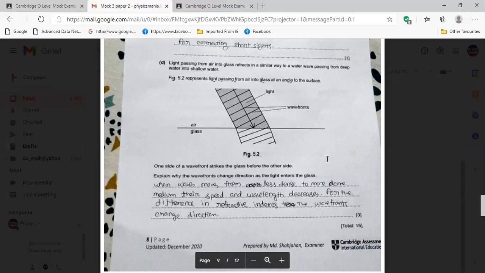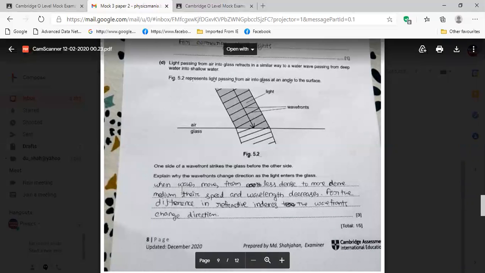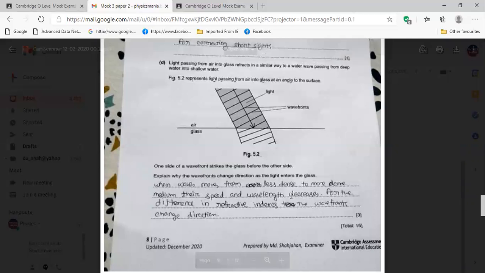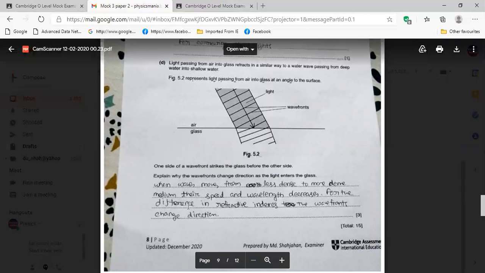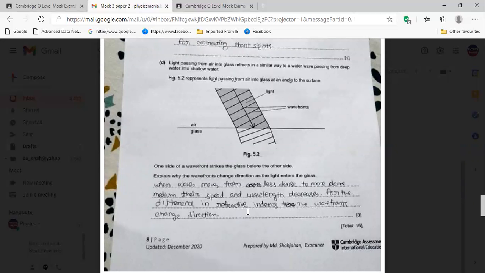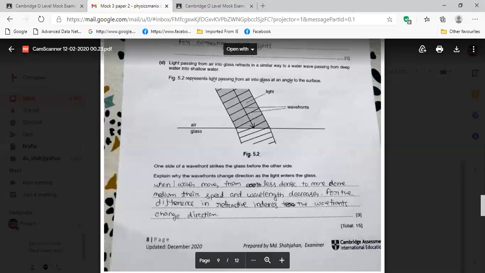Explain why the wavefront changes as the light enters the glass. When waves move from a less dense to a more dense medium, their speed and wavelength decrease, and because of the difference in refractive index the wavefronts change direction.